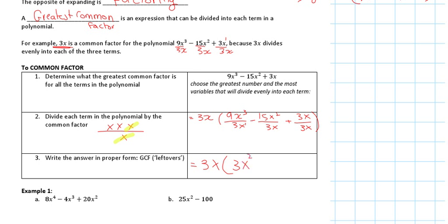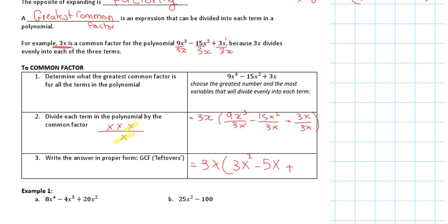Now, negative 15 over 3 gives me negative 5. Then x squared over x, what does that give you? X. Plus, what's 3x divided by 3x? 1.